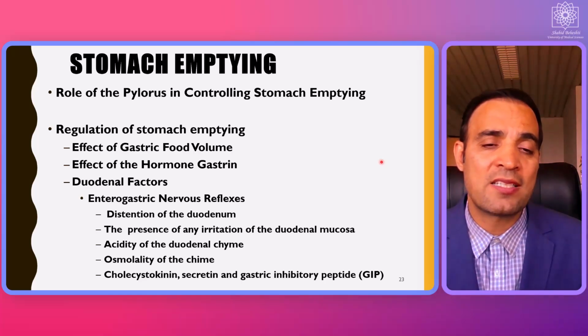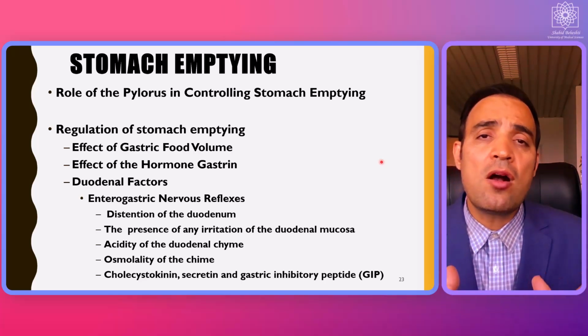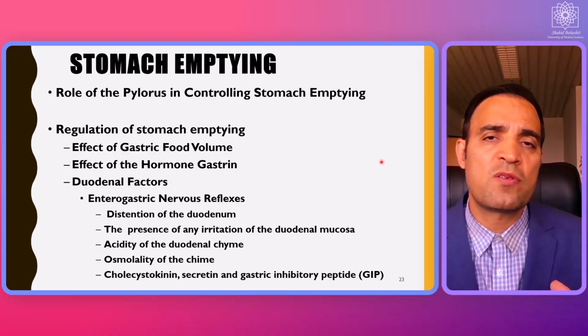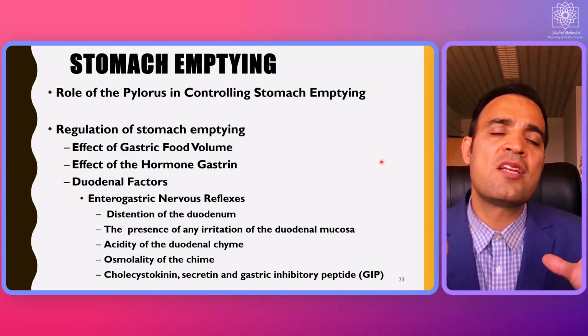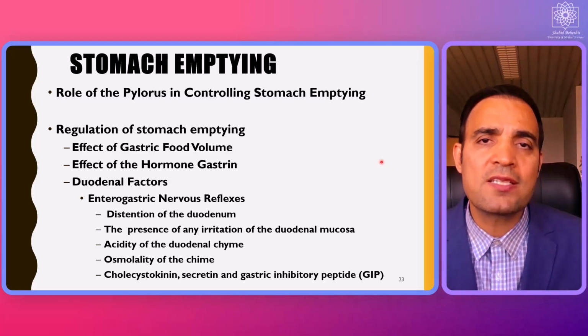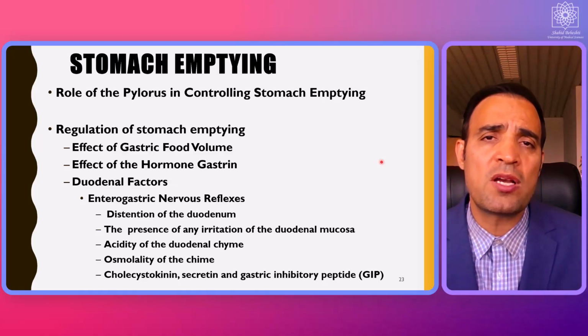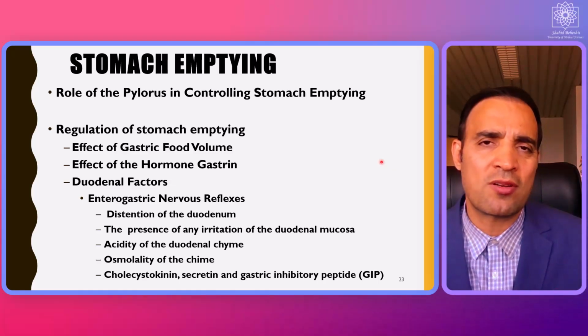Osmolarity of chyme, acidity of chyme. These are reflexes that I told you before in another session, that these are nervous reflexes. There are some reflexes that are generated by the endocrine system, the enteroendocrine system.